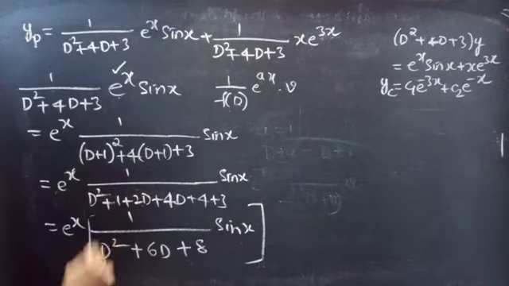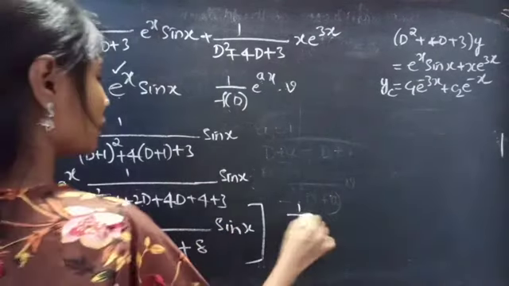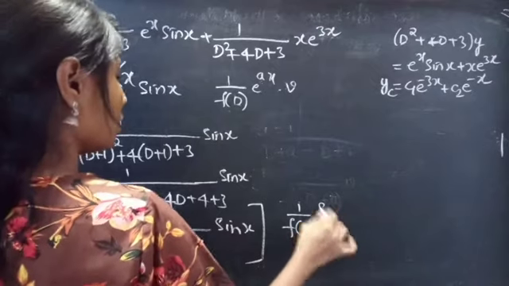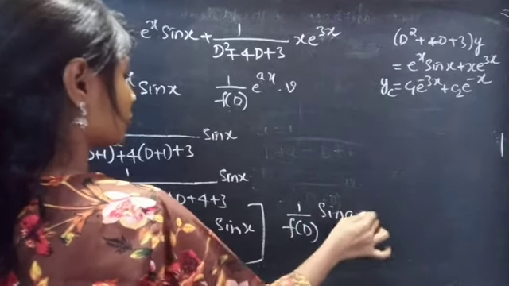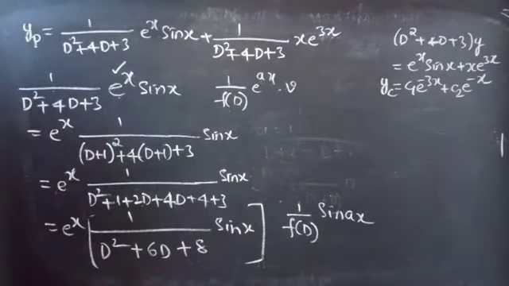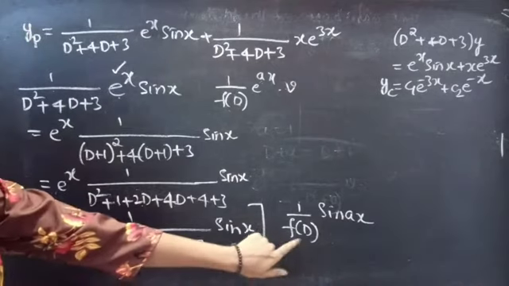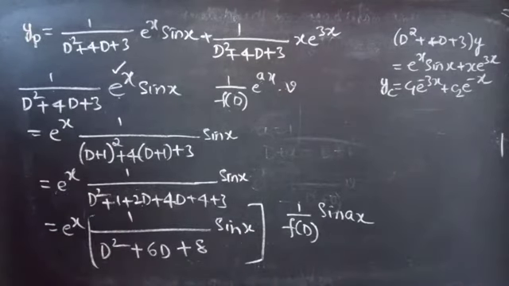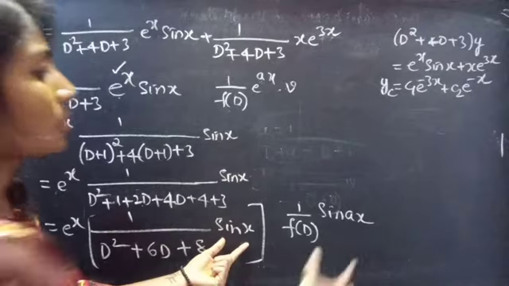So now this is of the form 1 by f of D into sin ax, right? Now we'll use the procedure of 1 by f of D into sin ax to solve this hereafter. Just compare sin x with sin ax.